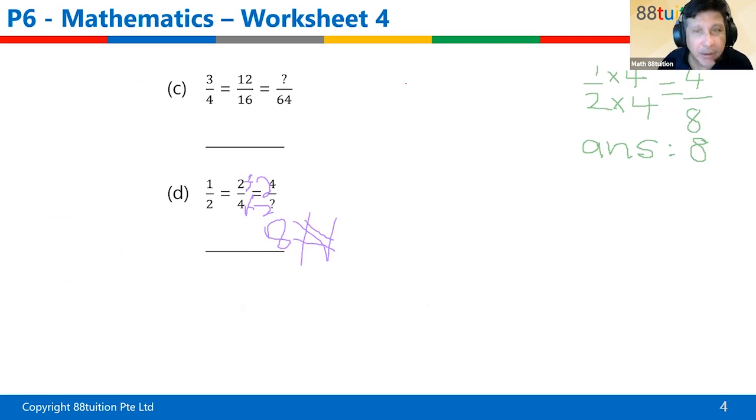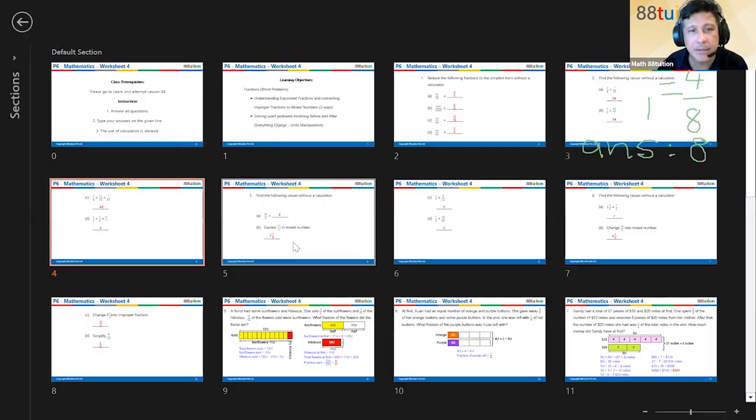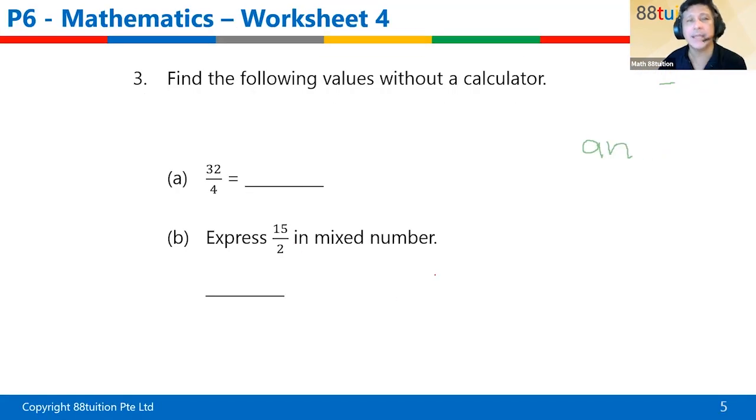Okay, let me find. Okay, where is my slide now? Oh, my pen ink is there. Okay, let's go on. Okay, now the first one is an improper fraction. So they ask you to find the value. That means you need to solve it. Okay. Can we have all of you try A first and let's look at your answers?